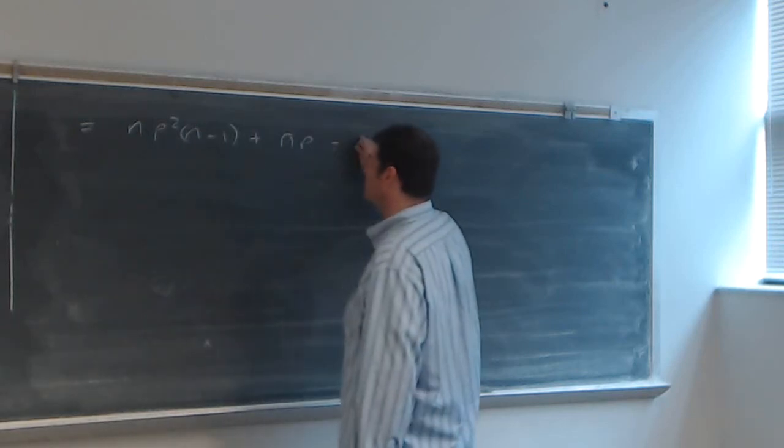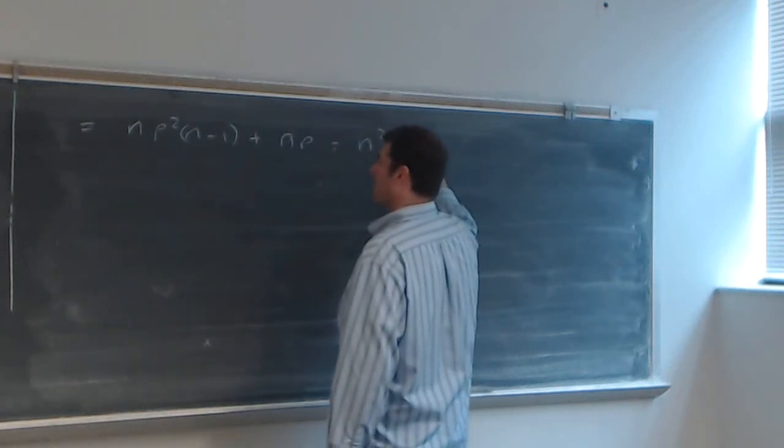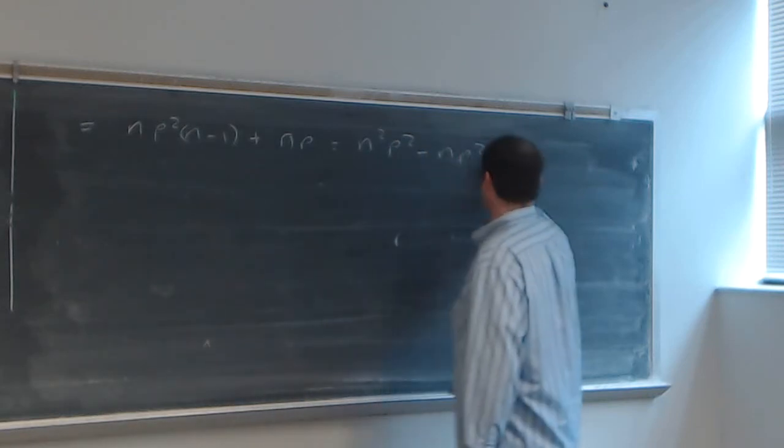And so that's equal to, so I think it's n squared p squared minus np squared plus np.